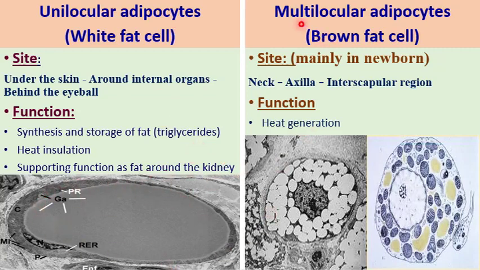Okay, what about multilocular? Multilocular or brown fat is present as many granules of fat. So there one granule and here many granules, so it's called the multilocular adipocyte.